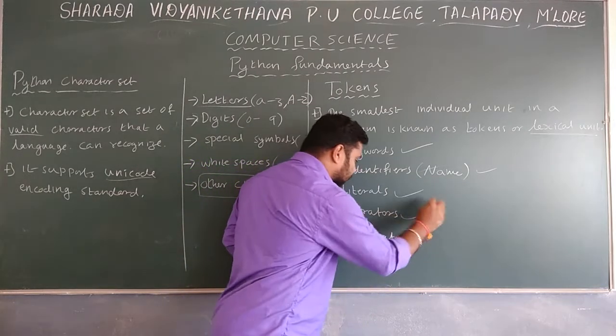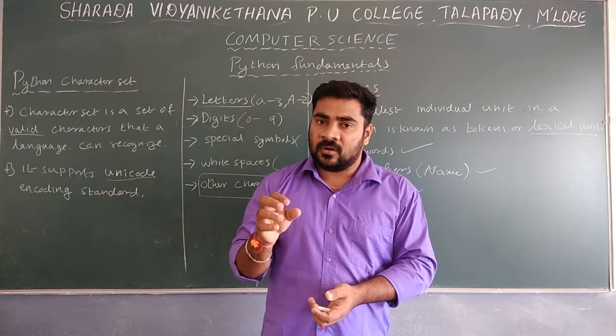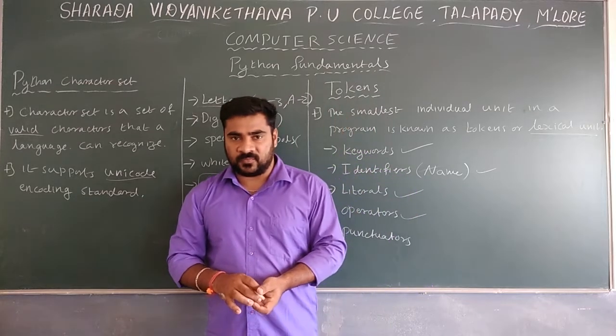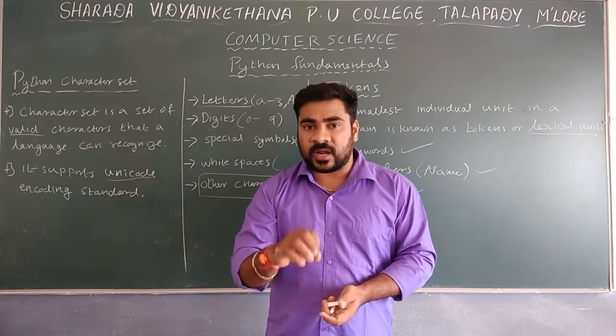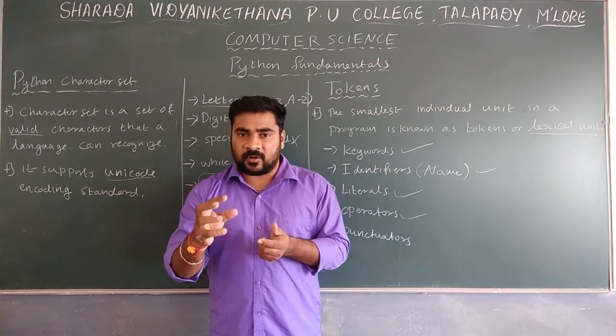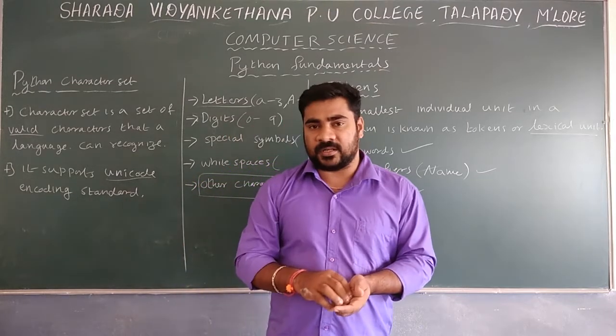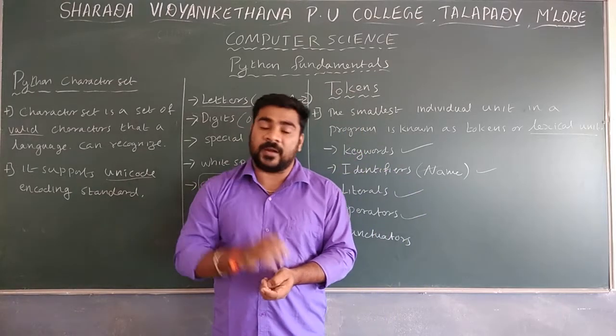The next important one is operators. Operators are used if you want to perform some operations. For example, if you want to add two numbers, that will be applied with one operation. If you have to apply a particular operation, then operators are required.